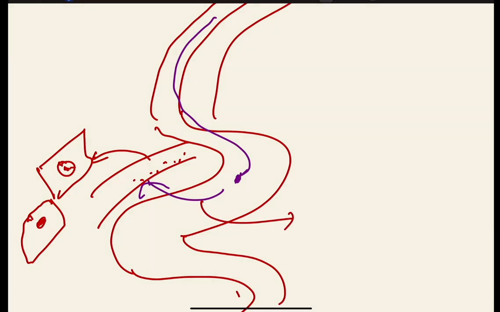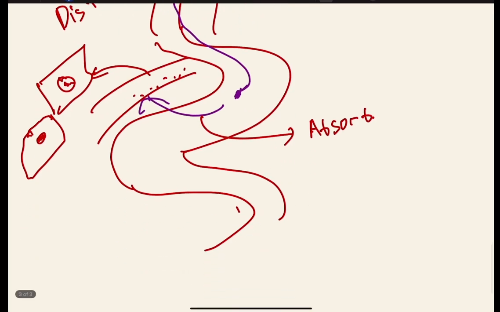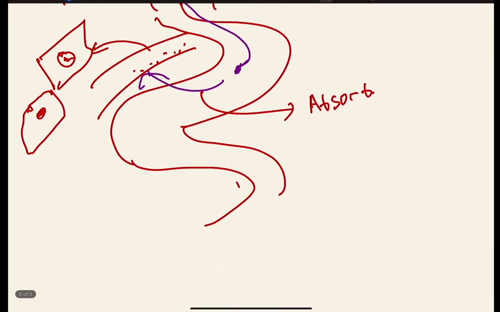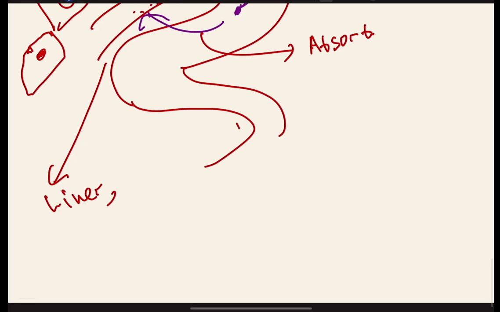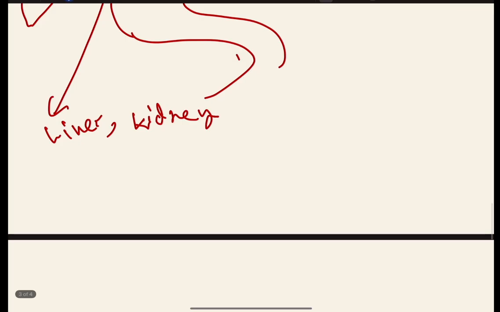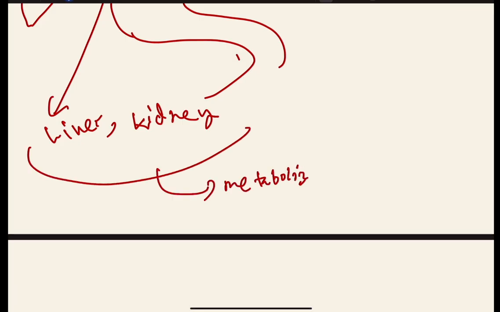The body can absorb the drug, it can distribute the drug, okay, then the body can deliver it to organs like the liver and kidney, where the drugs can be metabolized. And then after metabolization, it can be excreted.